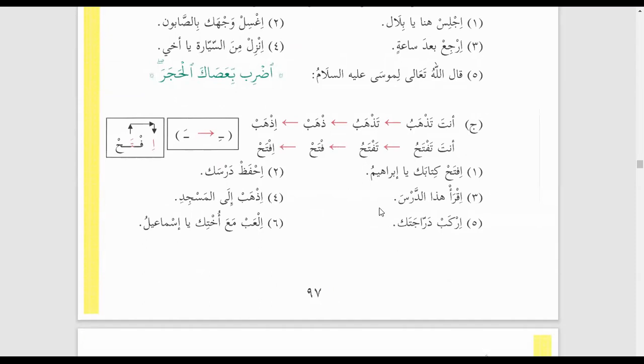If you have a mufrad noun, or single noun, whether it is a common noun or proper noun, it will always be with dhamma. For example, ya rajulu, ya imra'atu, ya bilalu, ya ibrahimu. However, after ya, if we have mudaf, mudaf ilayh, then it will be mansoob. Ya rabbal alameen, ya abdallah.